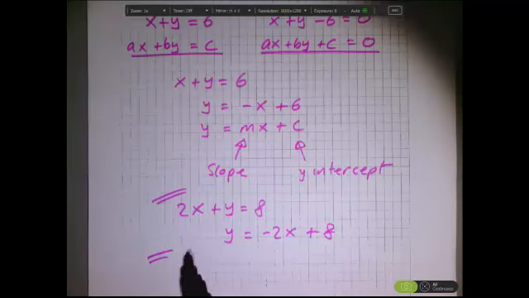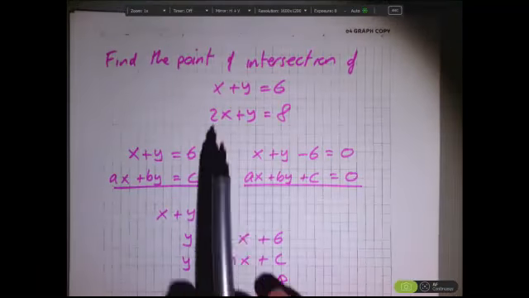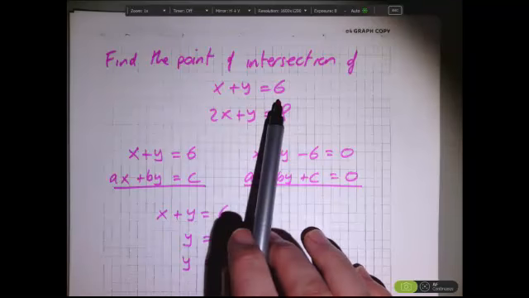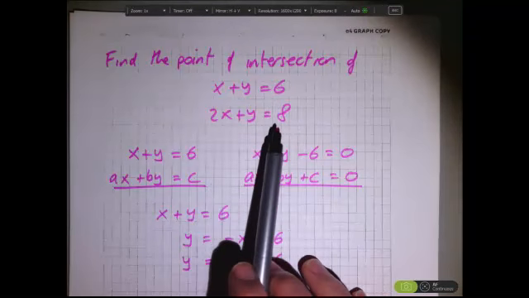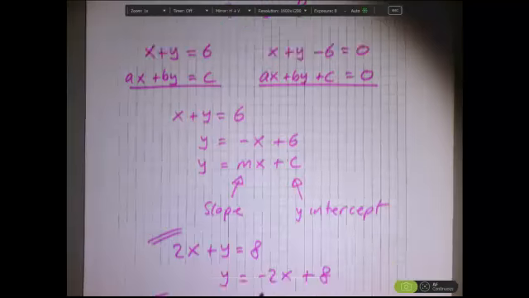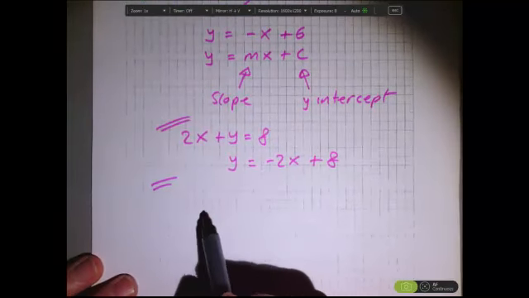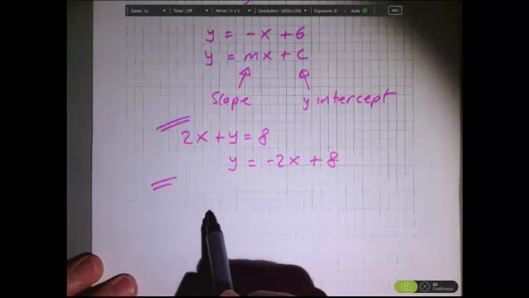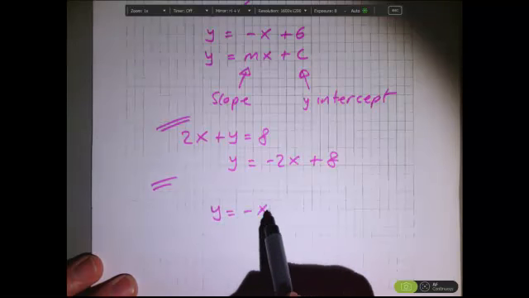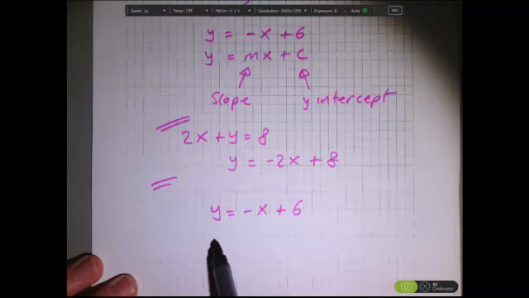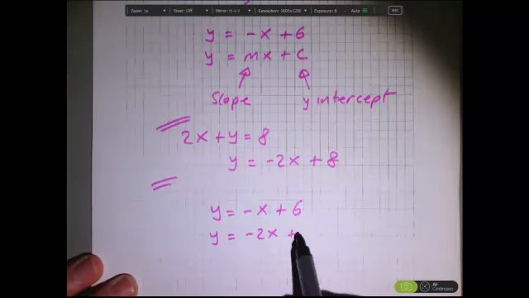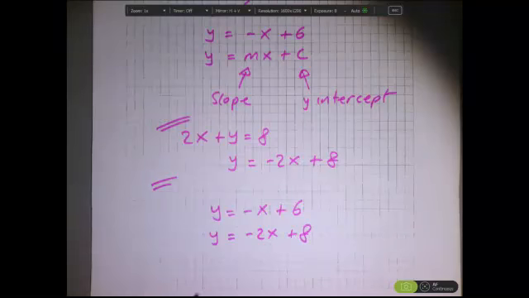So my two equations, which were originally x plus y is equal to 6 and 2x plus y is equal to 8, have now been rearranged so that the first one has become y is equal to minus x plus 6, and the second one has become y is equal to minus 2x plus 8. Now that they're in that form, there are different things that you can do.